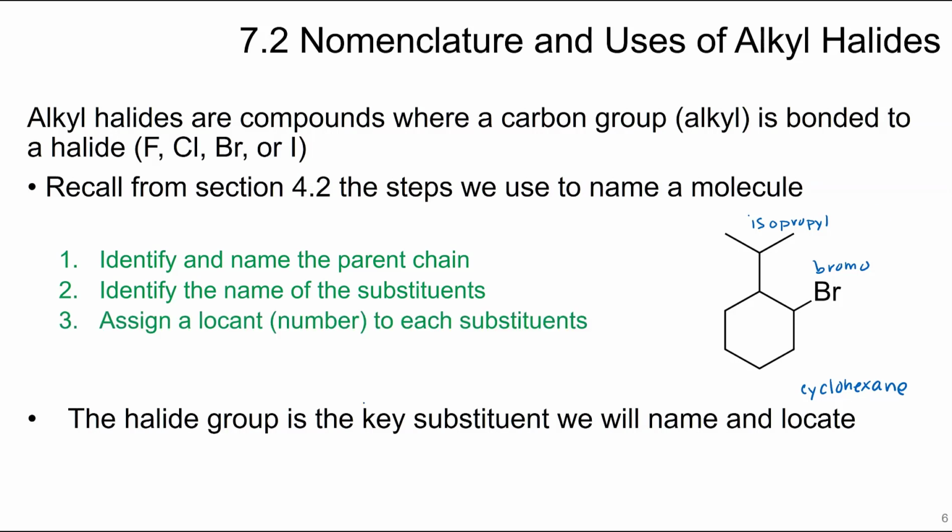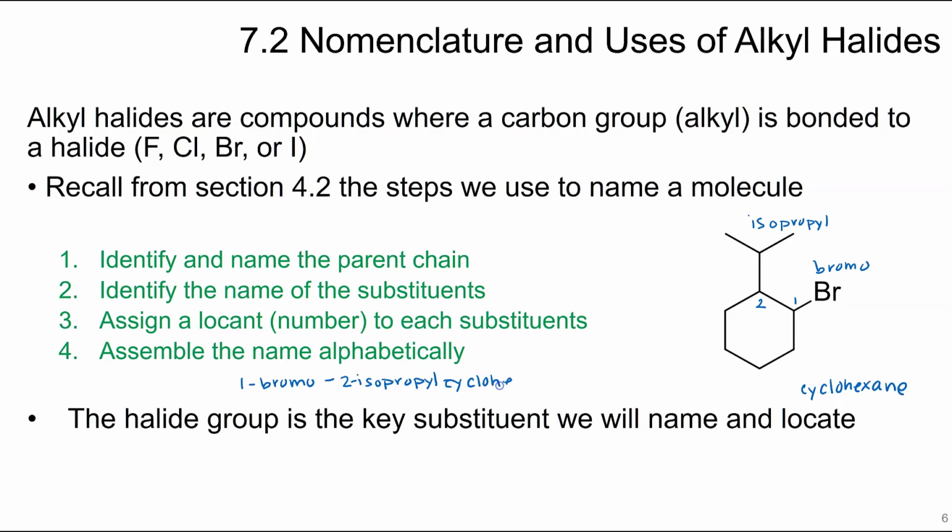Then we assign a locant number to each substituent. This would be 1, and this is 2, just for alphabetical purposes. And then we put the name together. So we have 1-bromo-2-isopropylcyclohexane. Again, the halide group here is what's different, and that's the key substituent we're going to name and locate.